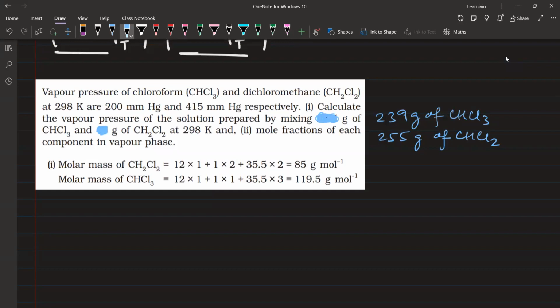Now do the calculations. I have given these values because it will be easier for you to calculate the number of moles.